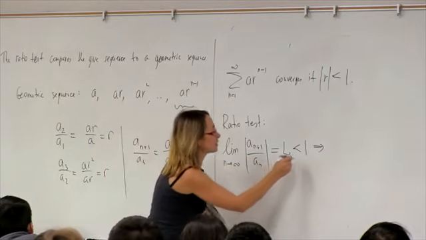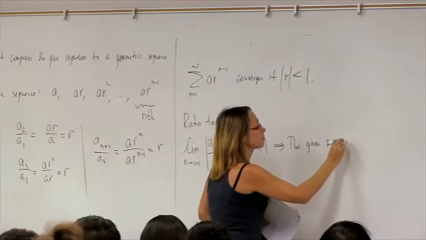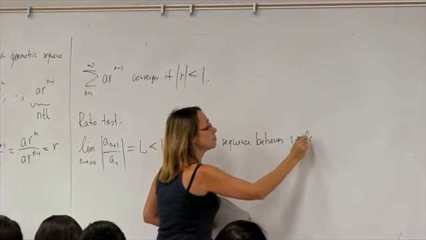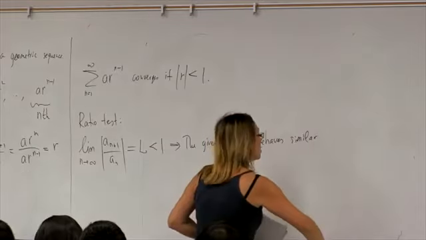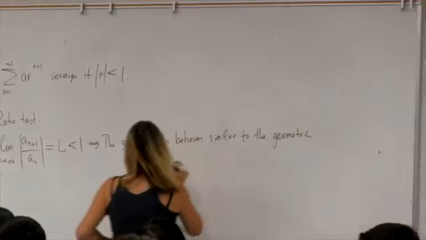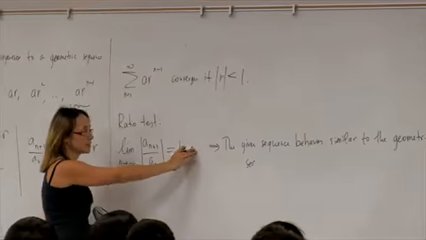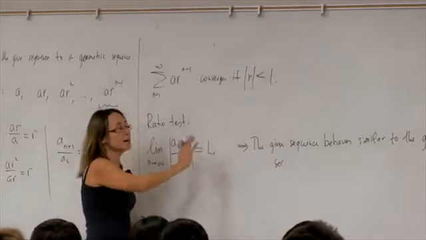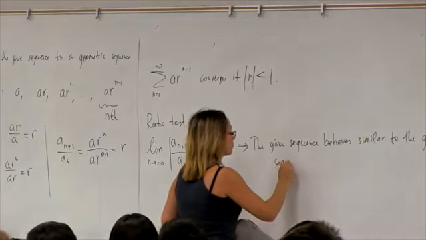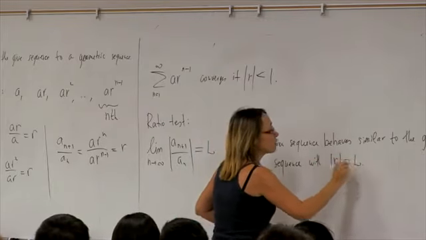So if this factor is less than 1, then the given sequence behaves similar to the geometric sequence. Oh, let's not even say that it's less than 1 or greater than 1. Let's suppose that the limit exists. In this case, the given sequence behaves similar to the geometric sequence with r given by L, right?